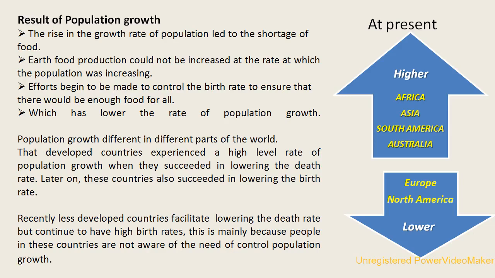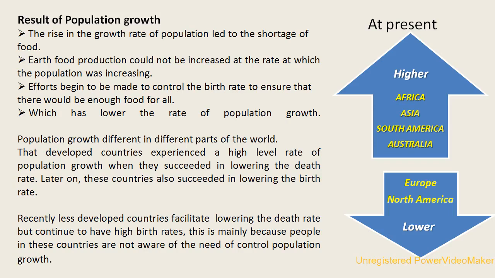Population growth is different in different parts of the world. The developed countries experienced a high rate of population growth when they succeeded in lowering the death rate. Just go through this line. Developed countries experienced a high rate of population growth.